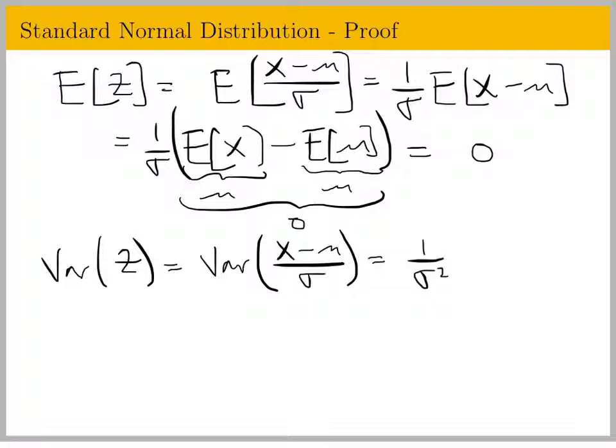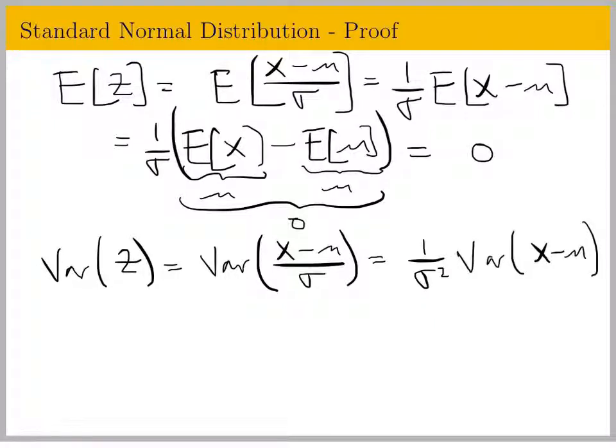In reality, what I'm doing is I'm squaring the whole 1 over sigma, which is equal to 1 squared over sigma squared, and so I don't need to have this squared here. I just put it in the denominator. And now I still have inside the variance of X minus mu.